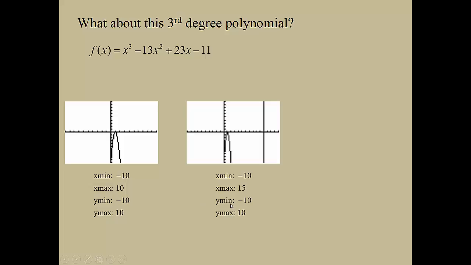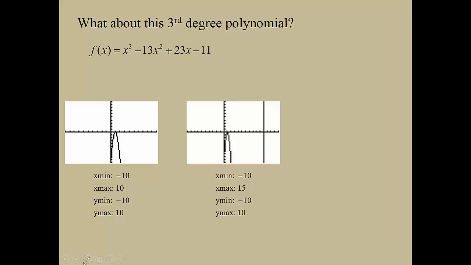So if I just change my X max setting to 15, you see that I get the other portion of the graph that was missing, the one that's going up on the right. And I need to understand that the two lines should be connected. There should be a continuous curve from this line to this line.